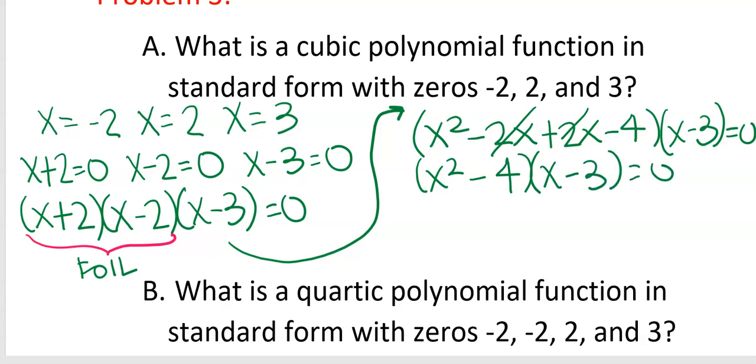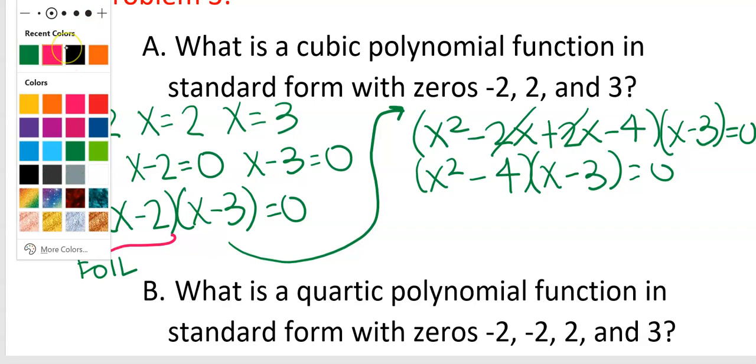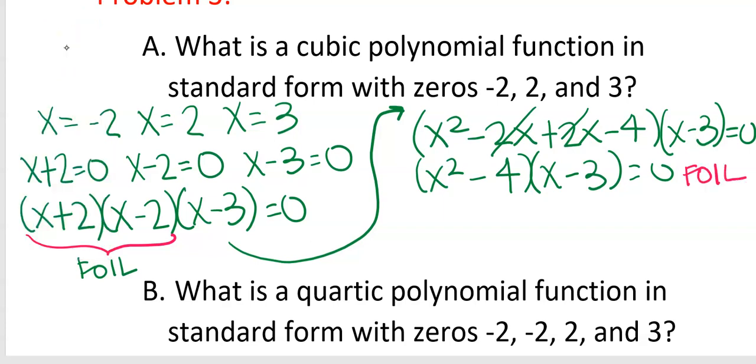FOIL again. So x squared times x would be the first terms, would be x cubed. X squared times -3 would be your outer terms. -4 times x would be your inner terms. And -4 times -3 would be positive 12.